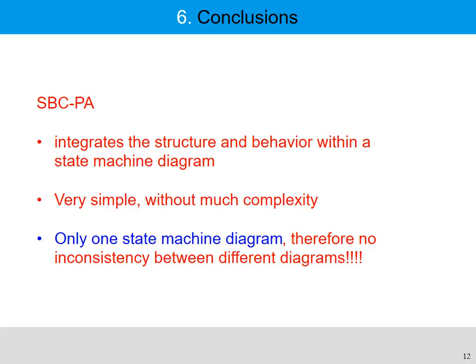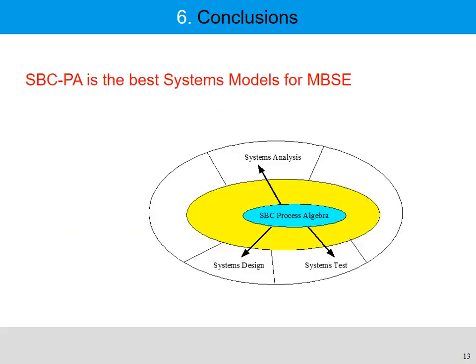Therefore, there's no inconsistency between different diagrams because in SBC process algebra, we only have one single diagram. That is, we really conclude that SBC process algebra is the best system model for model-based system engineering.